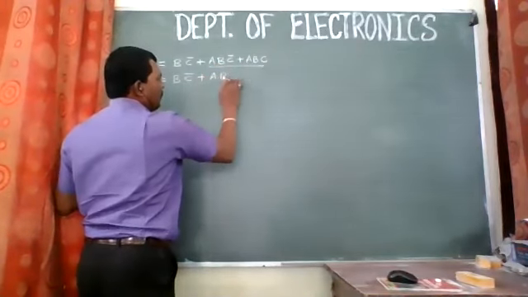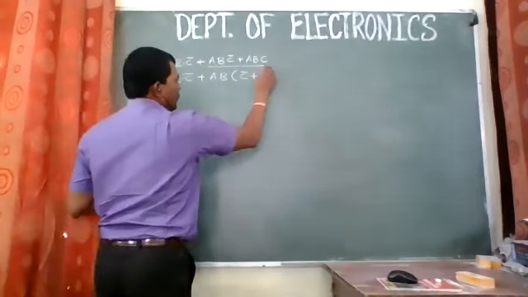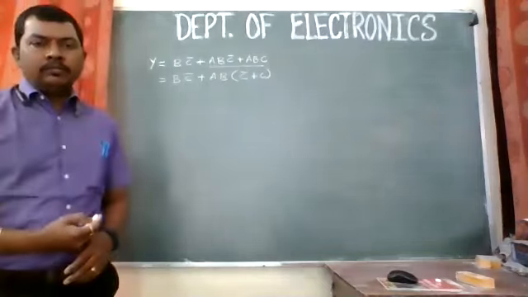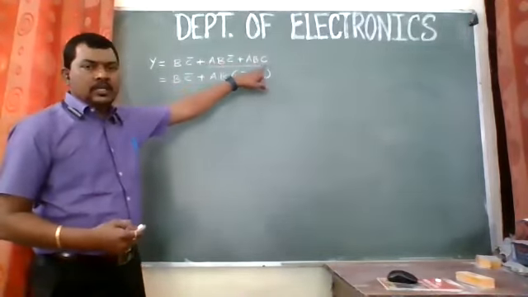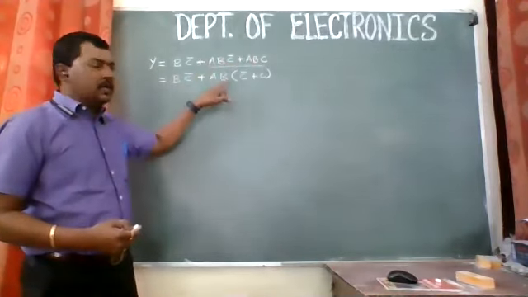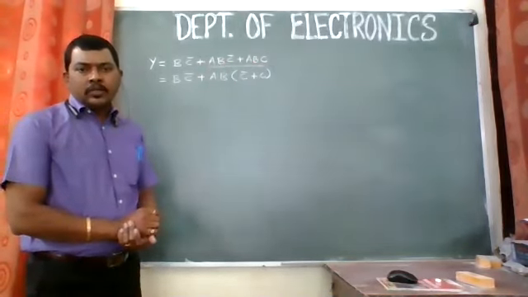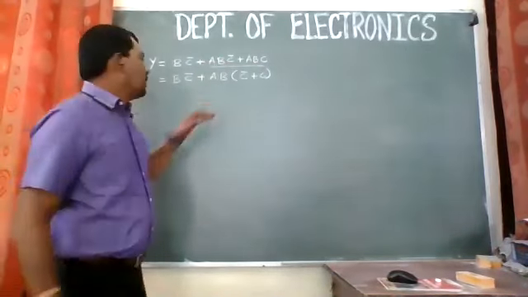A dot B in the bracket, C bar plus C. A B I have taken out of the bracket, and C bar plus C I am writing inside the bracket. This is by using the distributive law.